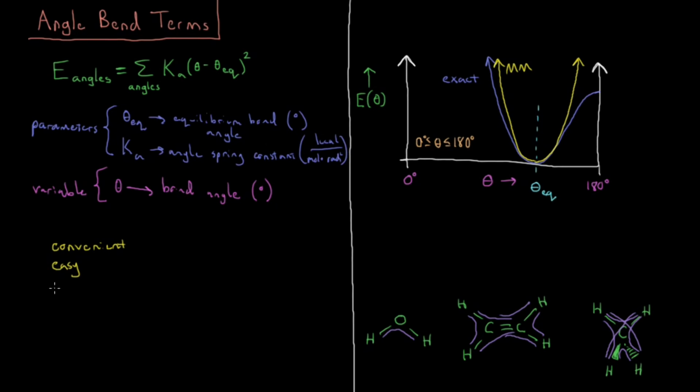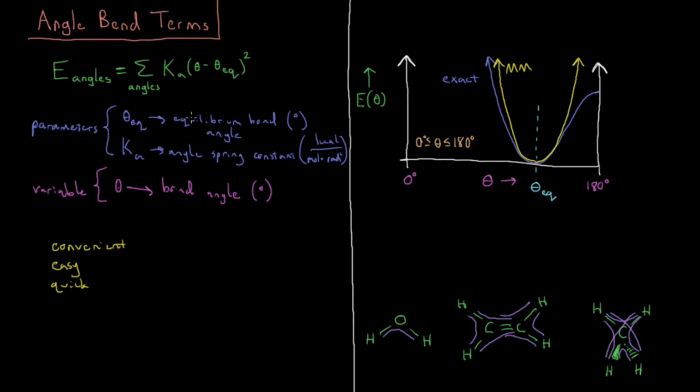It's also quite quick, in that a single subtraction, multiplication, and sum are all pretty quick mathematical operations to perform. If you wanted a function that actually looked like the exact one and had all the right asymptotic behavior, it would be a sum of two cosines, and cosines take a lot more computational effort than simple operations like addition and multiplication.